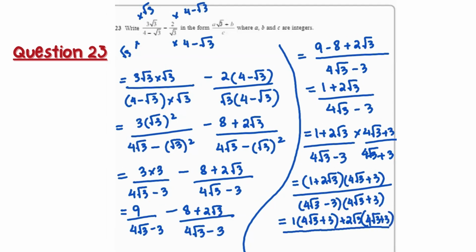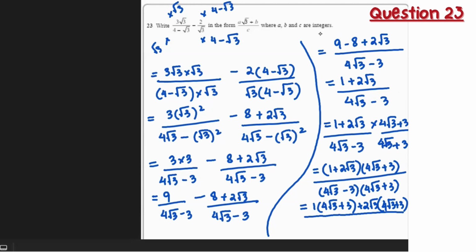now in the denominator, basically, we're using the difference of perfect squares. The difference of perfect squares is a squared minus b squared, which basically equals a minus b times a plus b. So if you notice the denominator over here, that's 4 root 3 minus 3 times 4 root 3 plus 3.